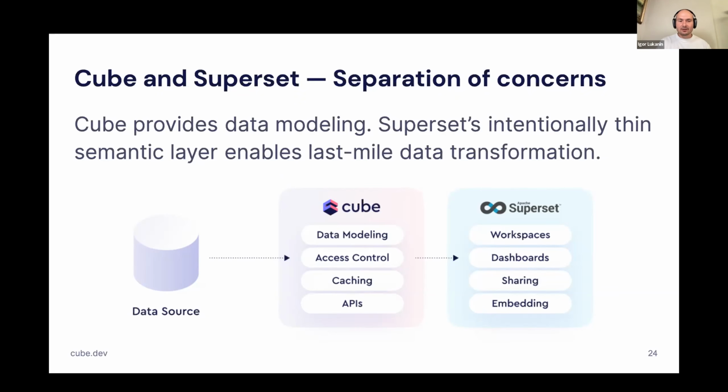Cube takes care of data access and data modeling. You can also use Cube to ensure the data is secure, to tune the access control and set up the caching for your data. Then Cube delivers the data to Superset, and its duty is done. Superset takes care of charting and presenting the data on dashboards, organizing them into workspaces, and team collaboration with all that.